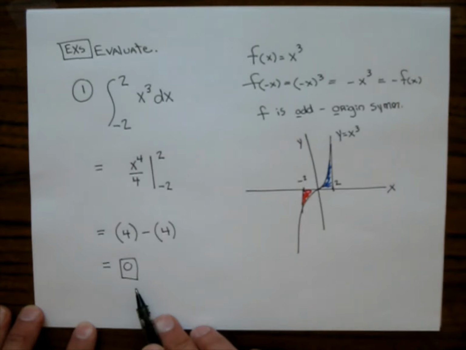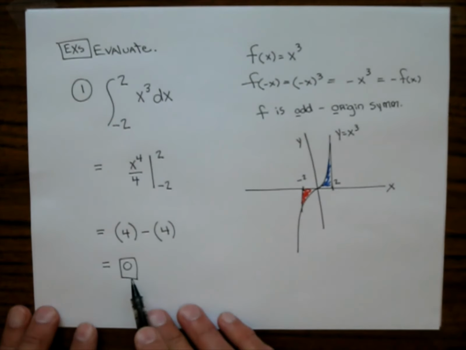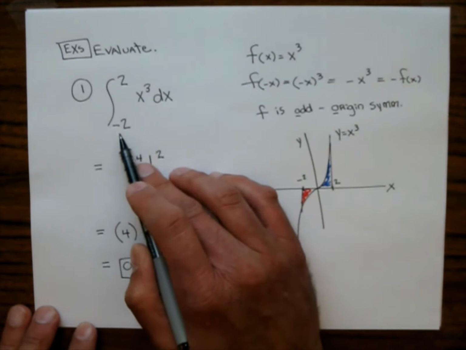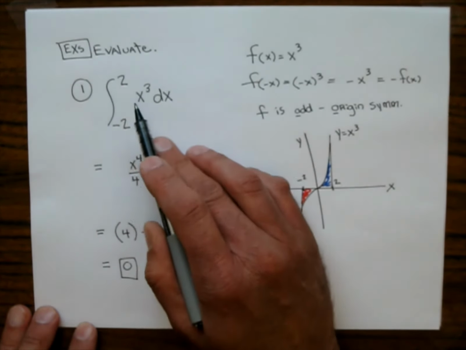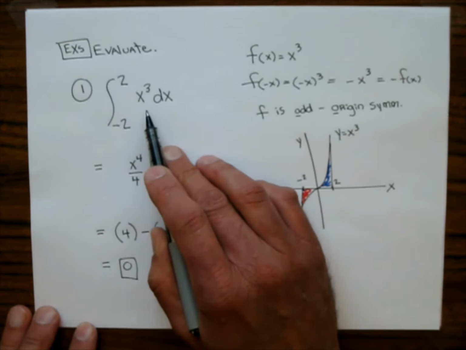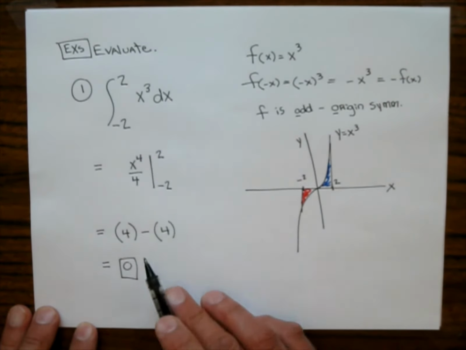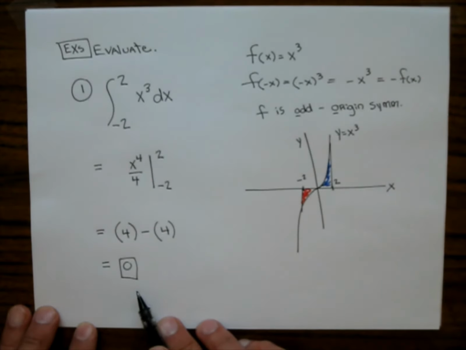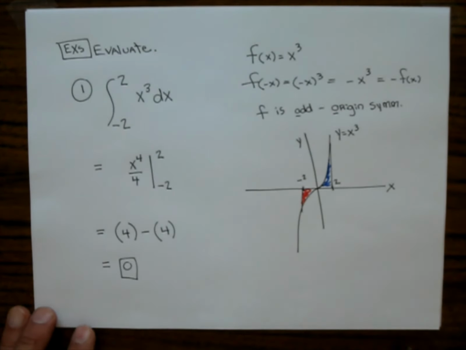And so there's a shortcut, and I'll put some rules up in a few pieces of paper from now, where you have from negative a to a, and this right here is an odd function. The answer will always be 0. And that could help speed things up when you're doing integration problems in this class and other technical classes.